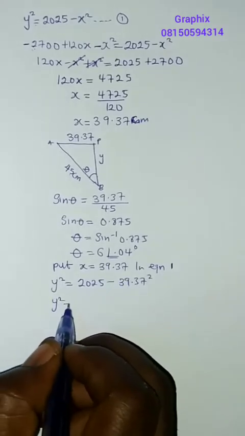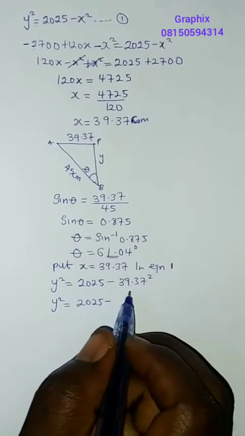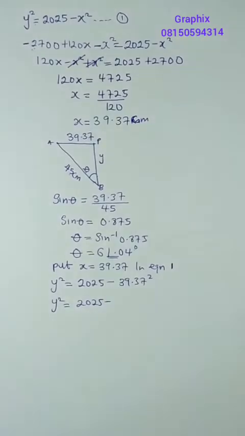So my y squared will now give me 2025 minus 39.37 squared.